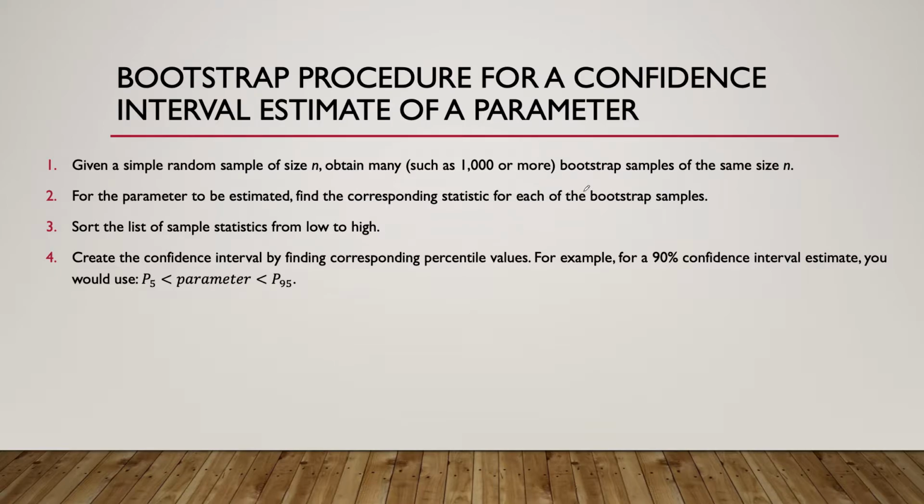For each of the bootstrap samples, we sort the list of sample statistics from low to high, and then create the confidence interval by finding corresponding percentile values. For example, for a 90% confidence interval estimate, you would use the 5th percentile as the lower bound and the 95th percentile as the upper bound, with the parameter between the two.